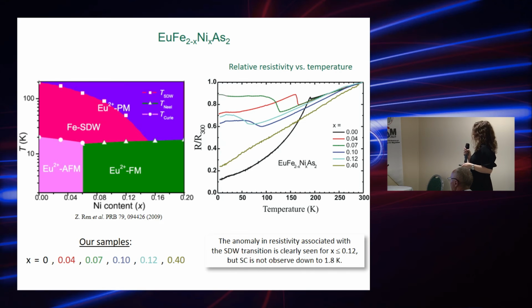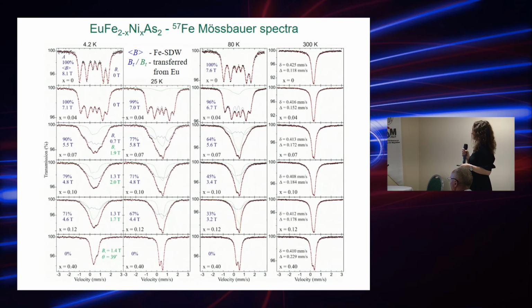We didn't observe any superconductivity down to 1.8 Kelvin. Okay, so now the iron-57 Mössbauer spectra for 6 compounds at 4 temperatures: 300 Kelvin, 80 Kelvin, and 2 lower temperatures, just above magnetic ordering of europium and below this temperature.